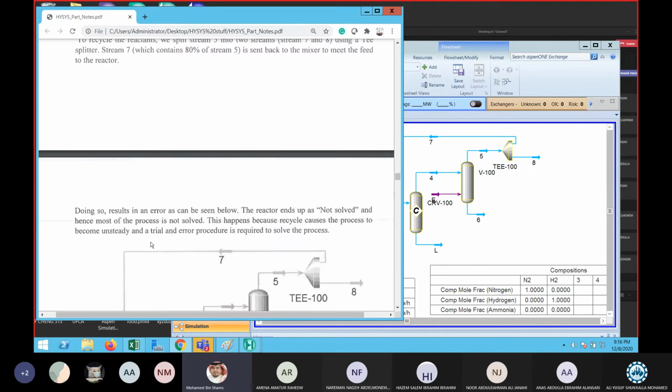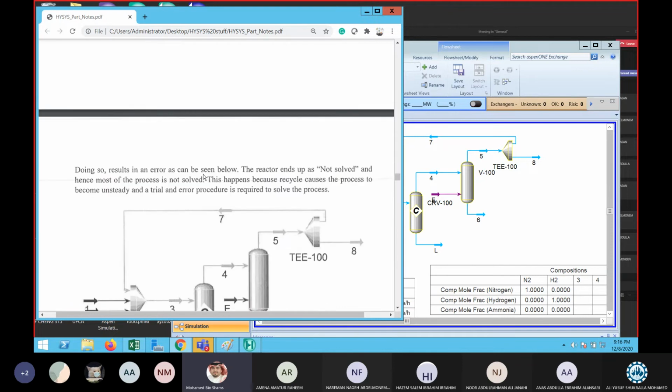Okay, so as you can see, doing so results in an error. The reactor ends up not solved, and so most of the process is not solved. This has happened because recycle causes the process to become unsteady, and a trial and error procedure is required to solve this problem. Trial and error? That is what was being discussed earlier.